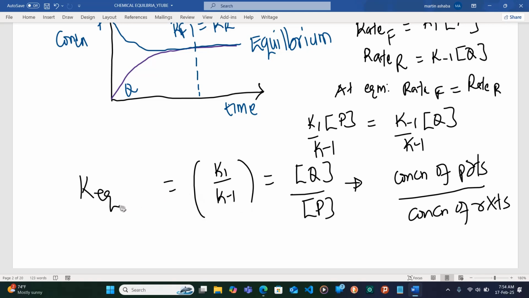This is where we get the equilibrium constant, and from now on it is always going to equal the concentration of products divided by the concentration of reactants.